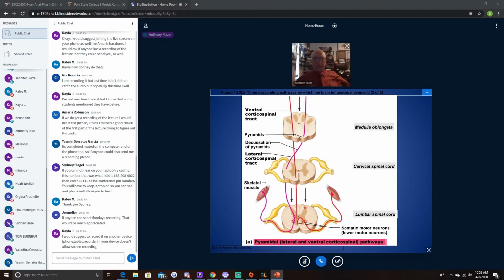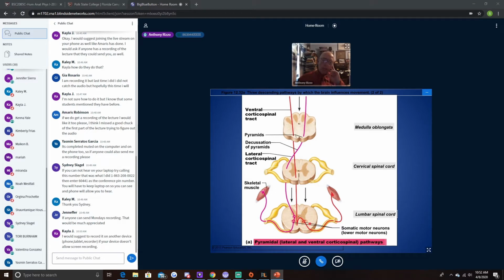So the point is, sensory tracts have three neurons. Motor tracts have two. This little interneuron, we have to think about it, but for all intents and purposes, we talk about in motor tracts an upper motor neuron and a lower motor neuron. That means that there's only one synapse when there's only an upper and a lower motor neuron.